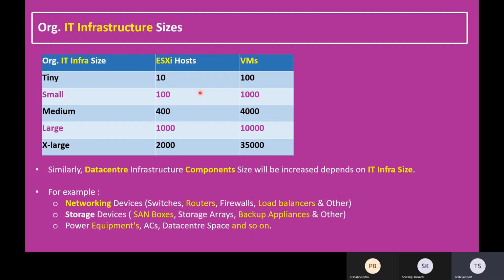One administrator can manage 50 ESX hosts and another administrator the remaining 50. So 400 ESX hosts means you multiply 4 by 2, so a minimum of 8 members are needed to maintain the virtual infrastructure, because we are not only managing the ESX hosts, we are also managing the virtual machines as well.